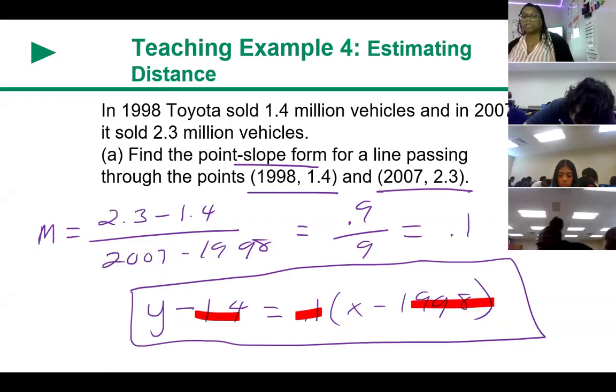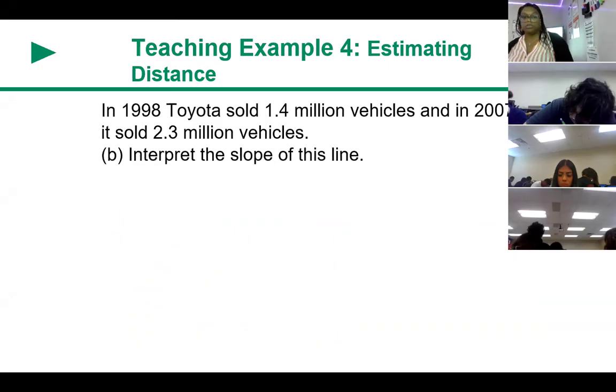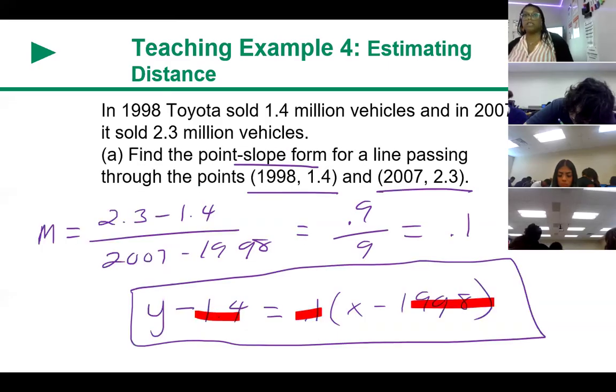And all I did was plug in my x1 and my y1, and I plugged in my slope. Okay, any questions so far?